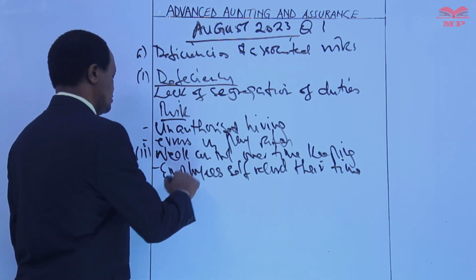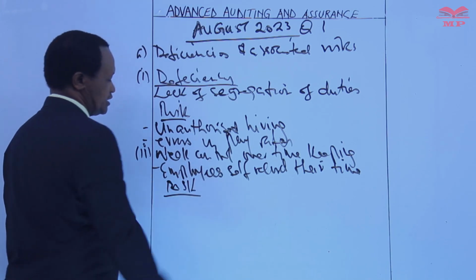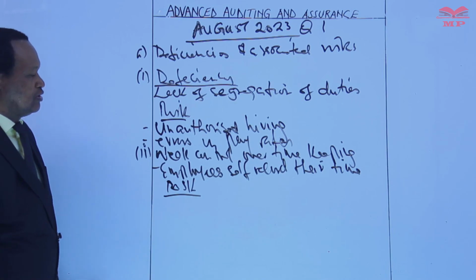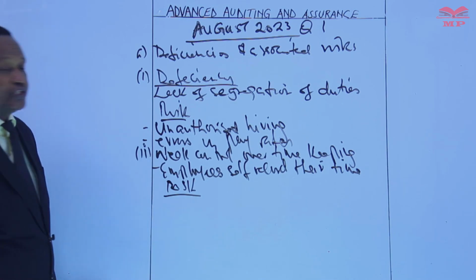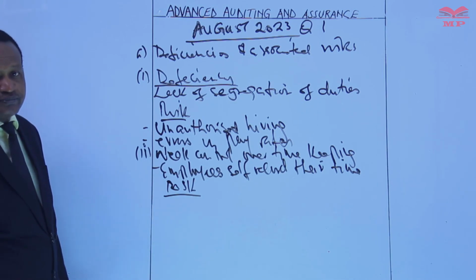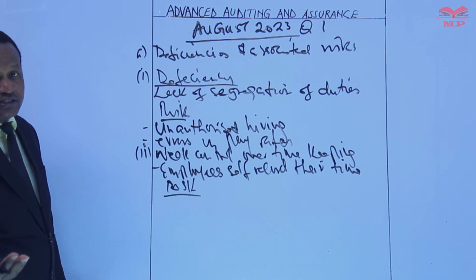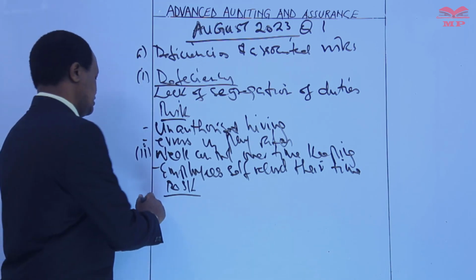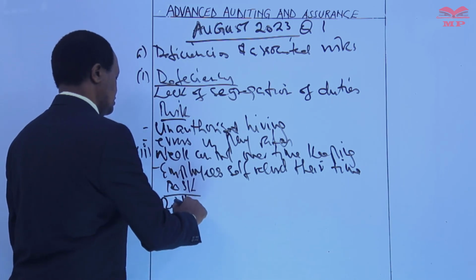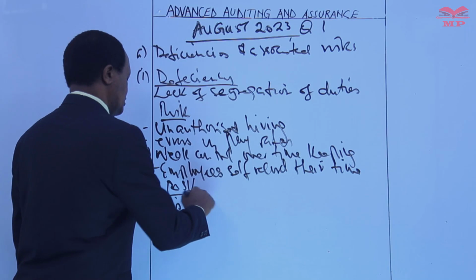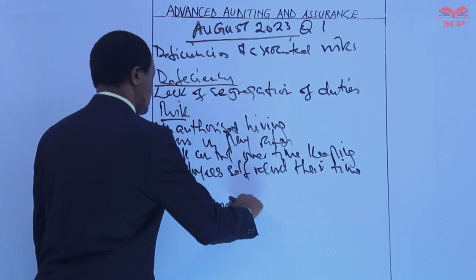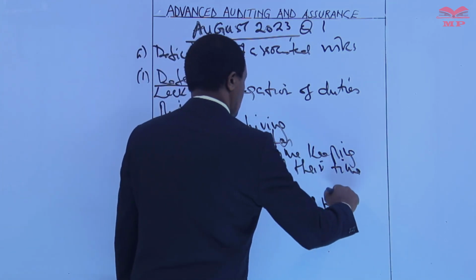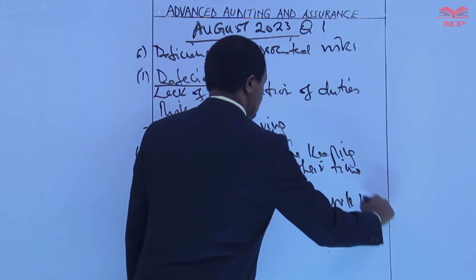Risk. What is the risk of weak control over timekeeping? What is the risk of employees self-recording their time? Here, candidates, there is a risk of errors in calculating work hours.